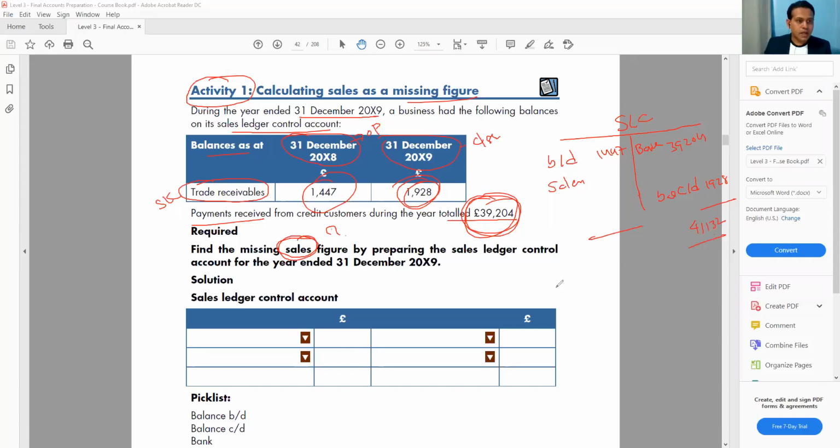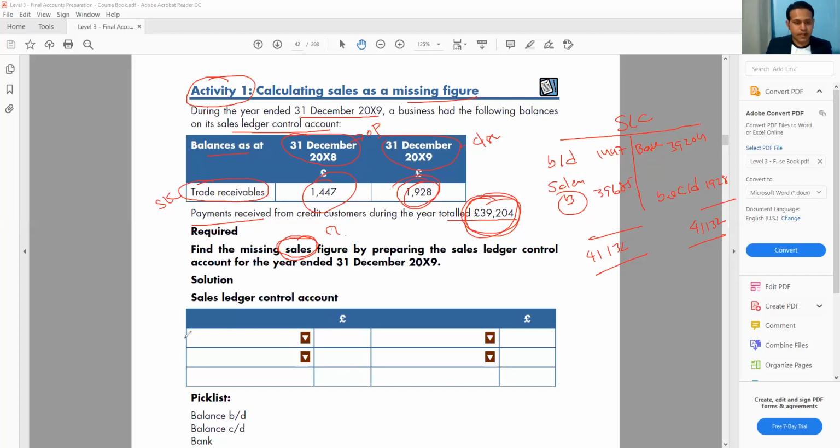So we have 41,132, and we minus this one to find the sales. You can say this is a balancing figure. We write it down as b, that will give the balancing figure, and that will give us 39,685.